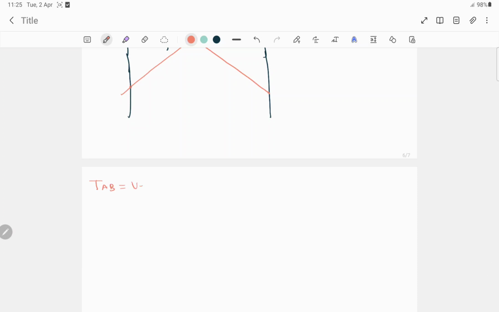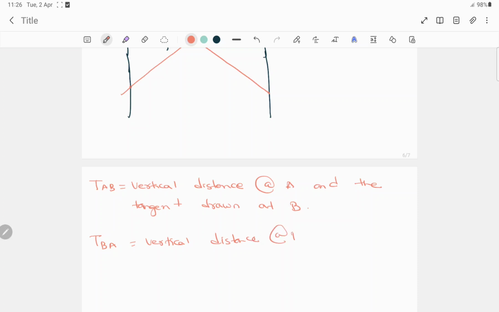TAB is equal to the vertical distance at A and the tangent drawn at B. Similarly, TBA is the vertical distance at B and the tangent drawn at A.